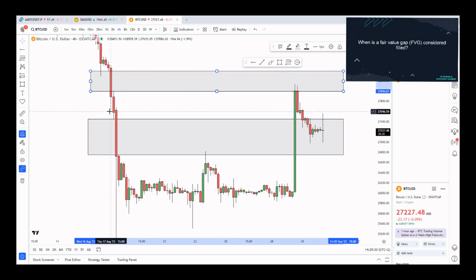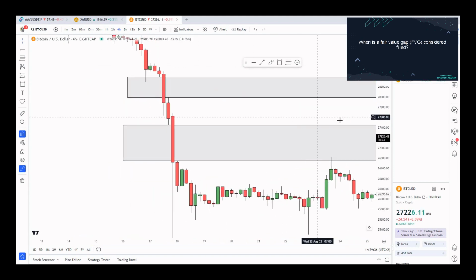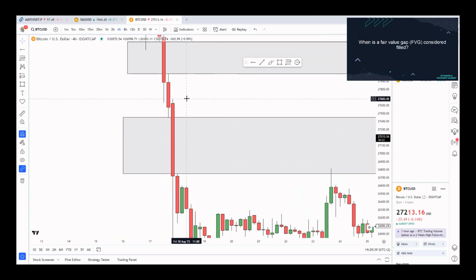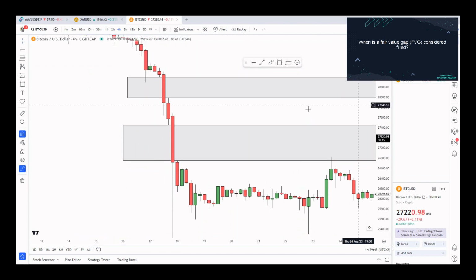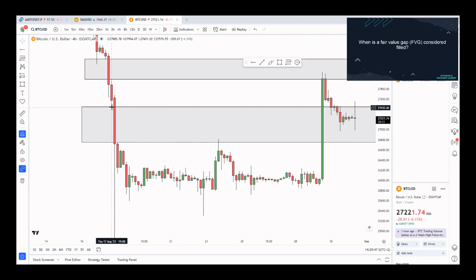This one not, because the wick of this first candle overlaps the wick of the third candle if you zoom in, so no fair value gap there. But as you can see here, the first bearish candle didn't wick as low as the highest wick of the third candle, so there's a fair value gap there.